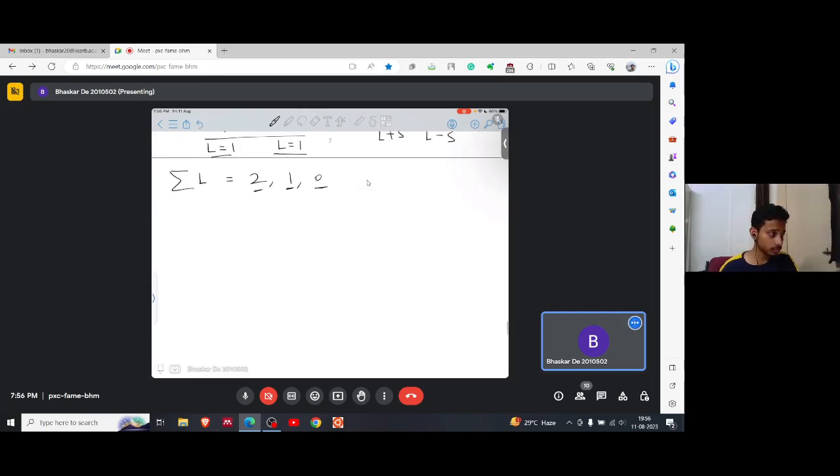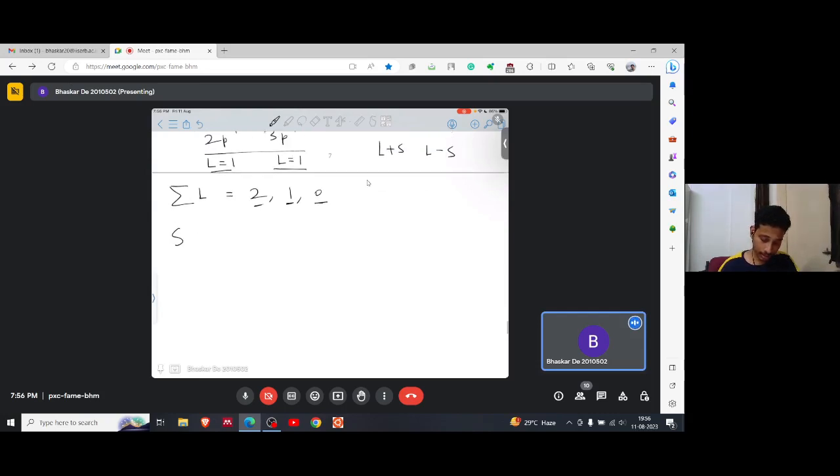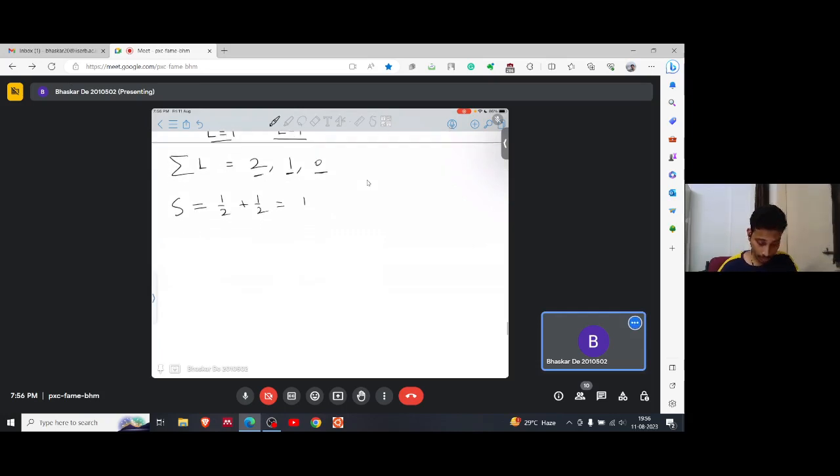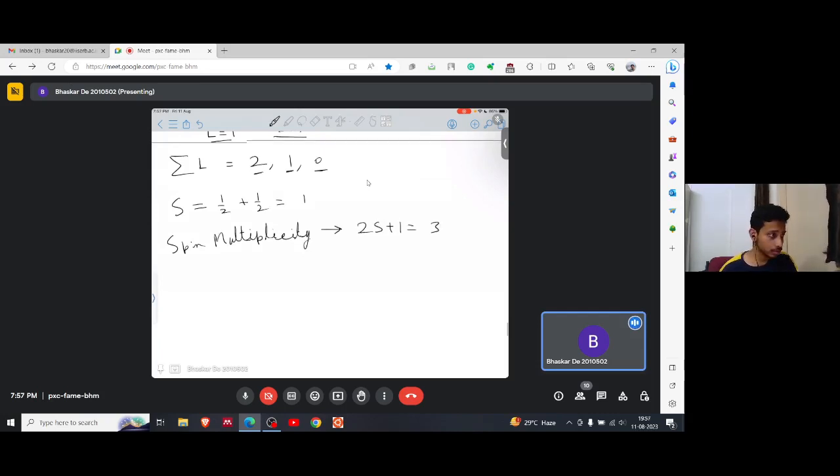Now there is the capital S, that will give us half plus half, that is 1. The spin multiplicity is 2S plus 1, that is 3.